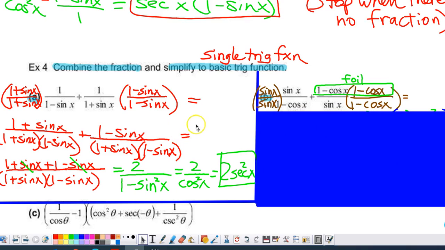It looks like I simplified the numerator, so it became 1 plus 1, which is 2. The positive sine x and the negative sine x in the numerator subtract out to 0. So I'm only left with 2 in the numerator. I did end up multiplying 1 plus sine x times 1 minus sine x. Now notice, I wasn't sure what I did to get there.